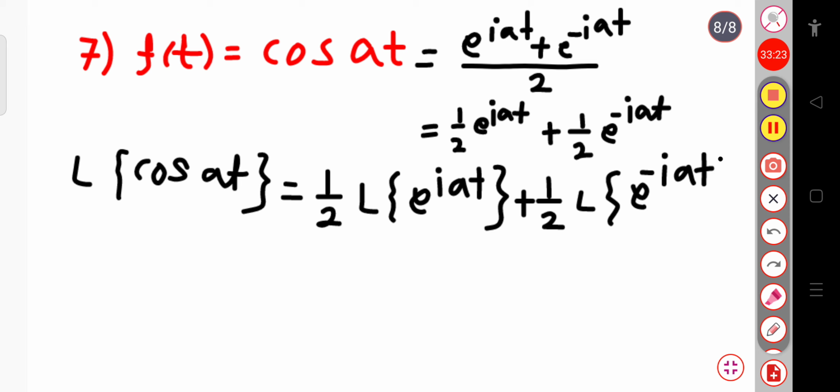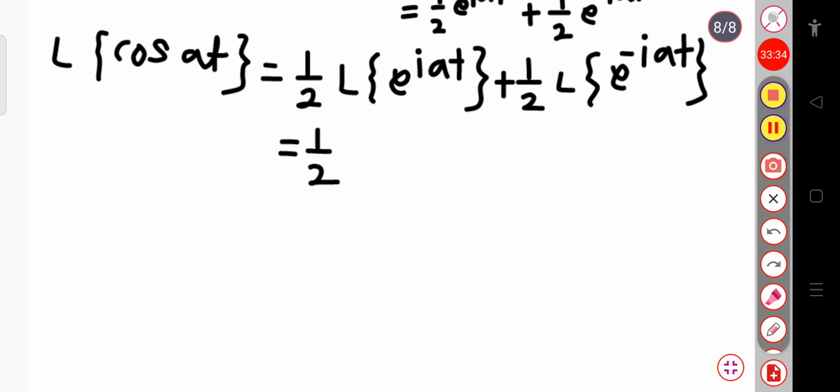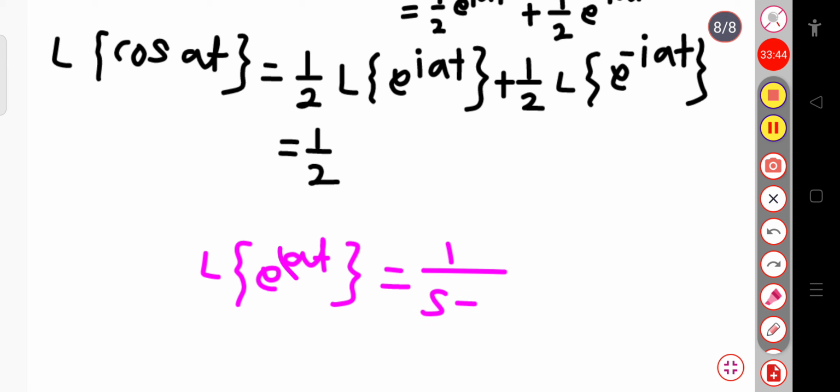Now this is again simple. Let me write: the Laplace transform of exponential at is equal to 1 by s minus any constant a. The constant that is given, that is a. So this will be 1 by s minus a. And here this is exponential iat.